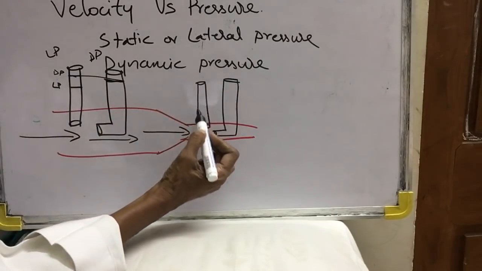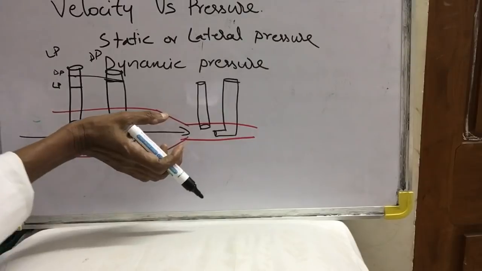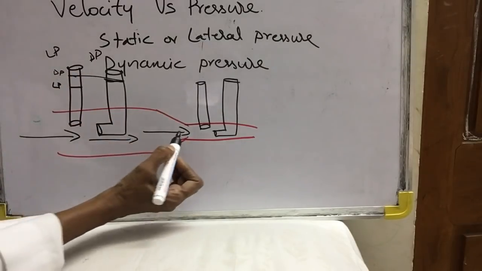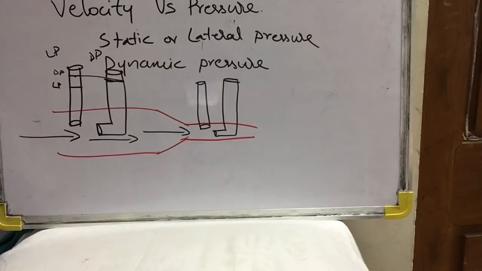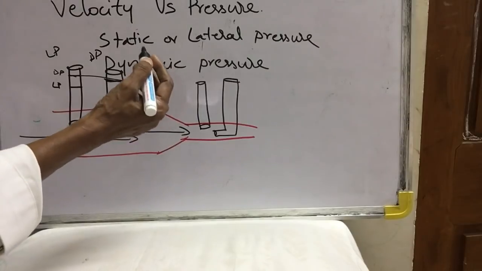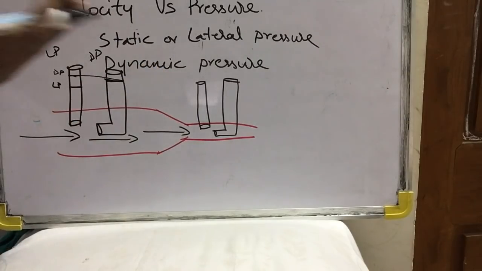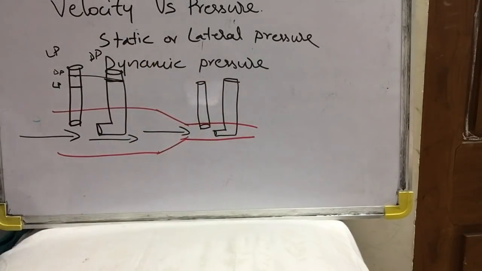And here also, since the vessel is narrow, the velocity of flow is increased. If the velocity of flow is increased, that means the dynamic pressure is increased. That means the kinetic energy of the flow is increasing. The kinetic energy directly depends upon the dynamic pressure. If the kinetic energy is increased, then the dynamic pressure will increase.